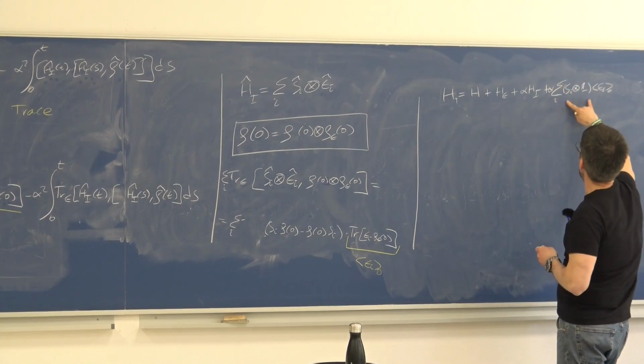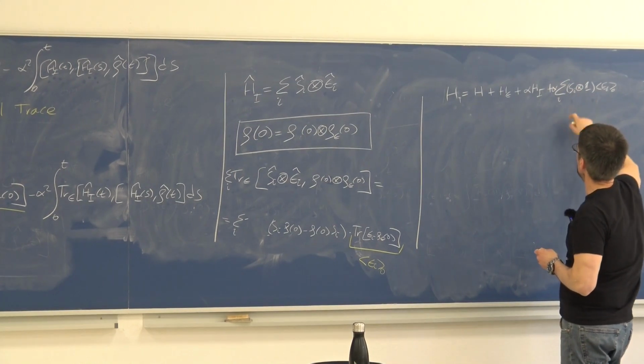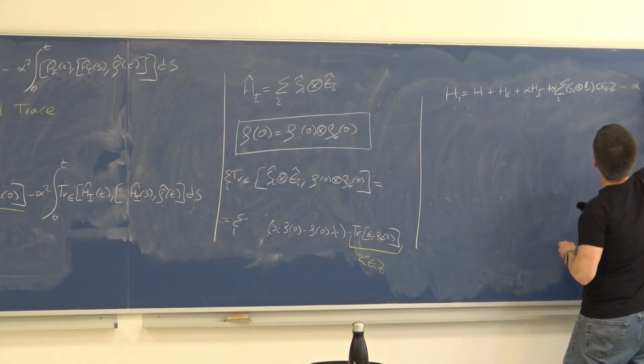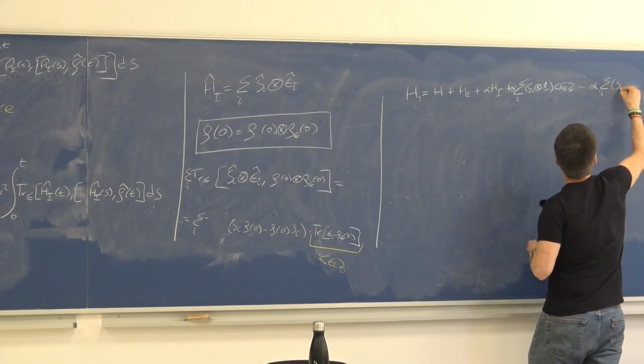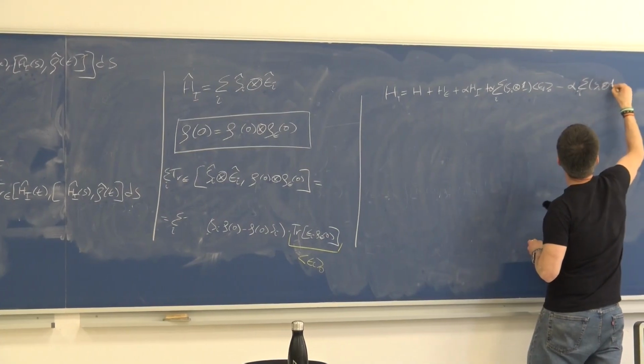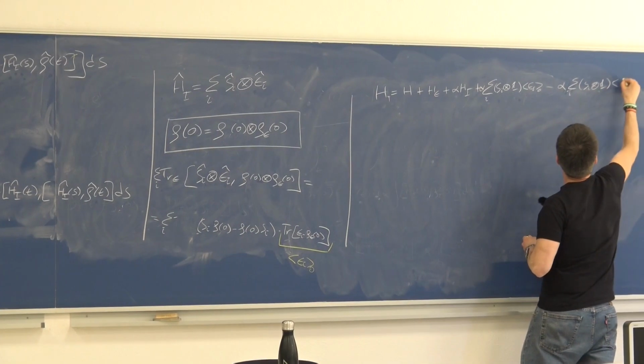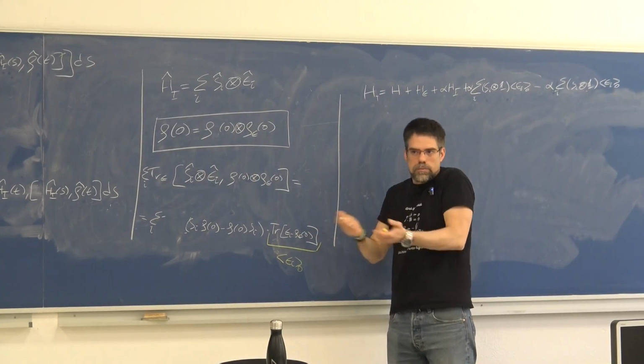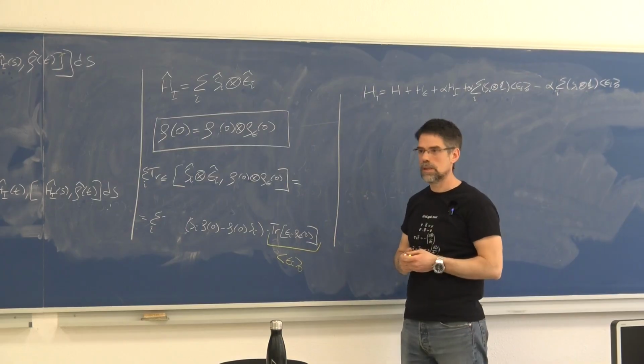So I can add this term with the price of removing it later on: minus alpha, the same sum of S_i times identity. I can add and remove whatever I want because this doesn't change anything.